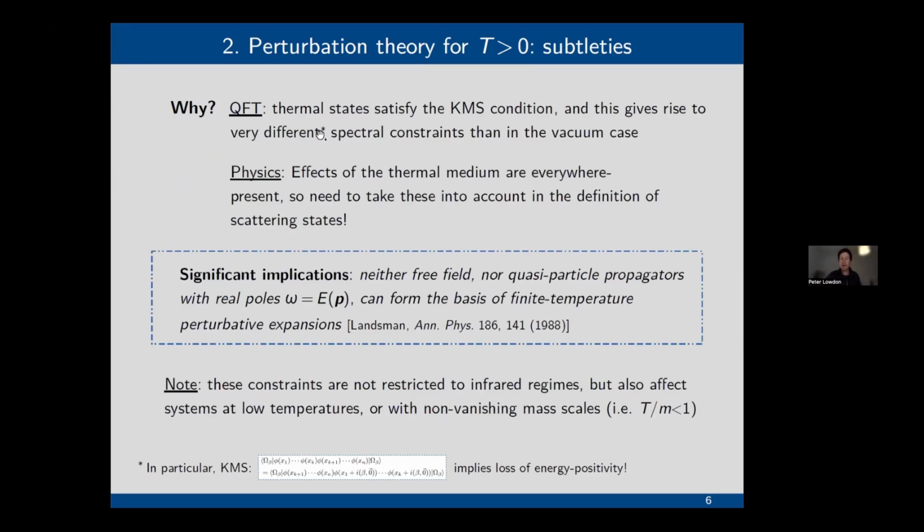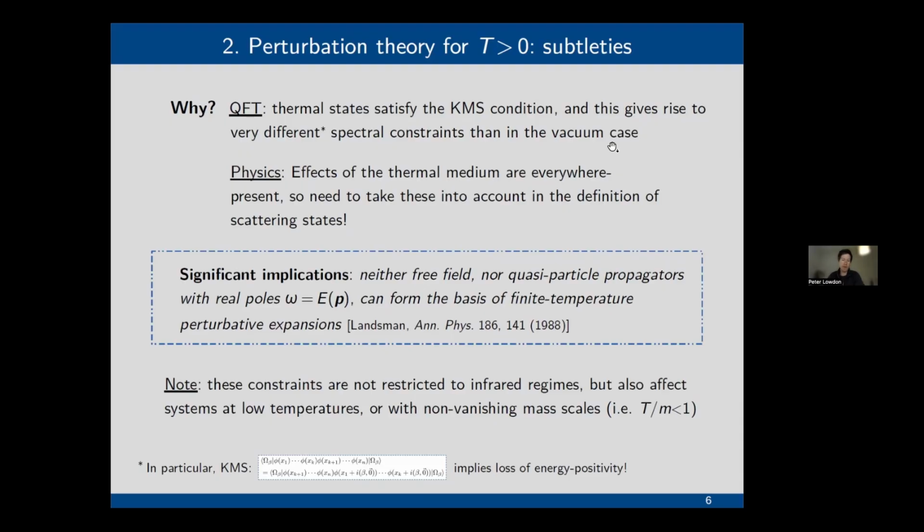So the QFT reason is the KMS condition. So this is obviously the condition that you introduce at finite temperature, how you introduce temperature into the system, how you define thermal equilibrium. So down here, you just impose this condition on the thermal correlation functions, or in imaginary time, it means that your correlation functions are periodic. And what you find is when you impose this condition, this actually gives rise to very different spectral constraints than in the vacuum theory.